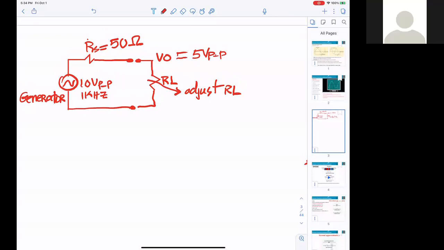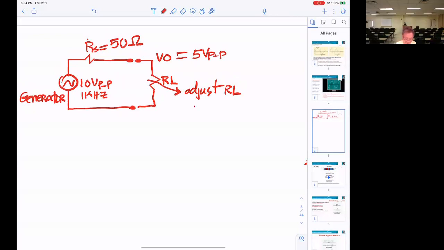It's telling you that RL and RS are equal. Exactly. They're telling you RL and RS are equal. So if you measure RL as 50 ohms, that means RS is 50 ohms.